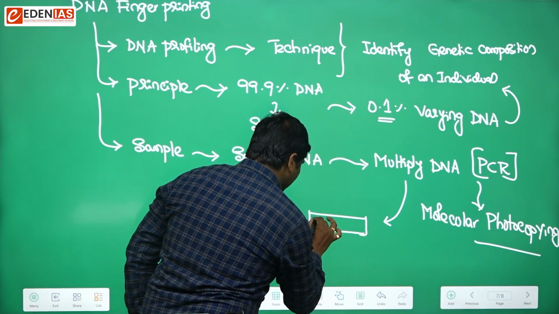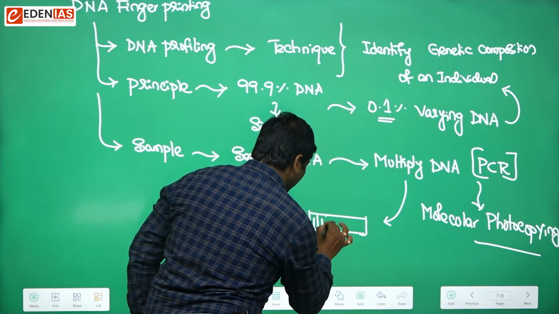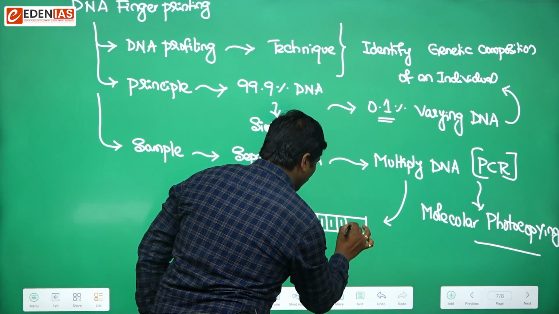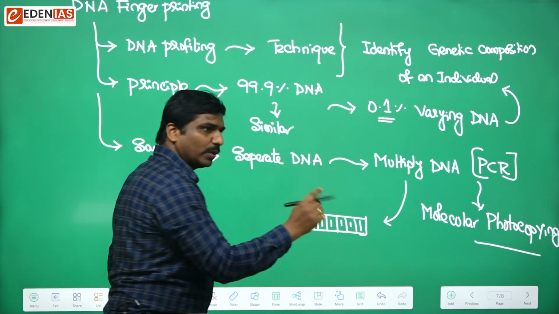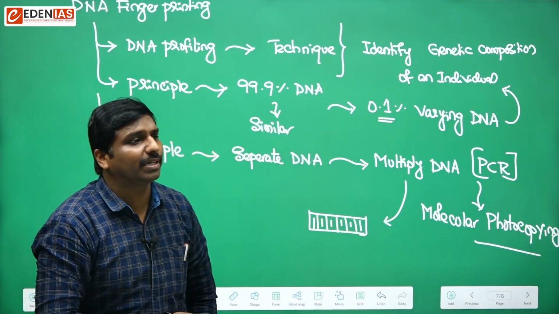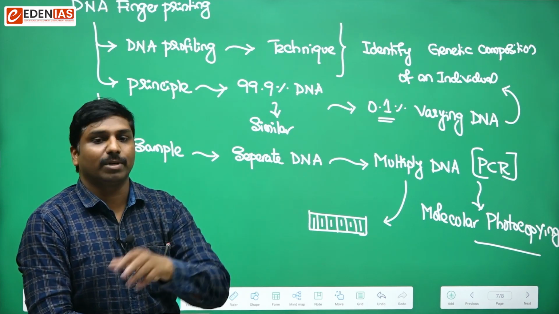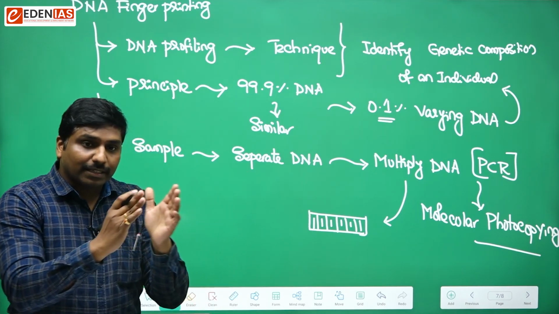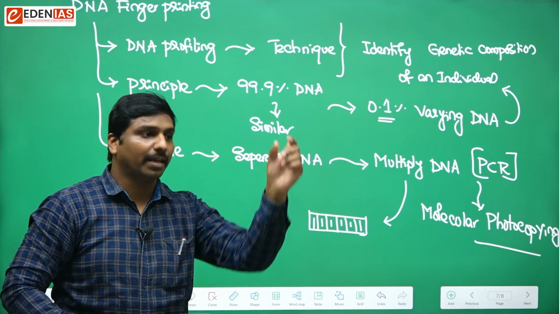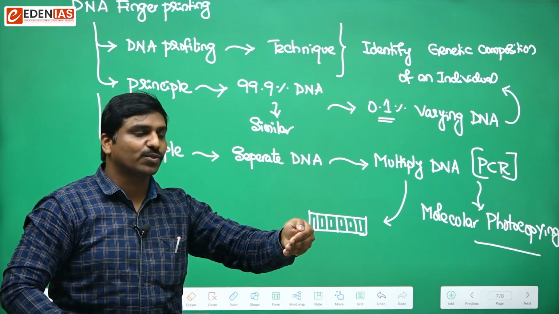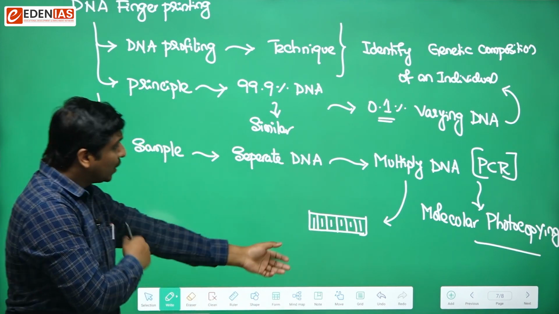They will have that arrangement. It would be like a barcode, which will contain some visible bands. Based on that, they will get that profile, and then they will match it.